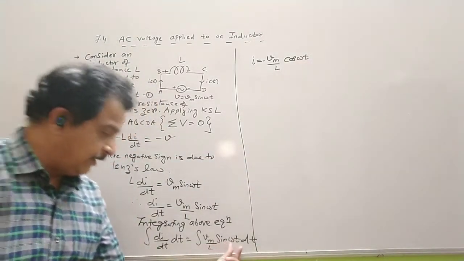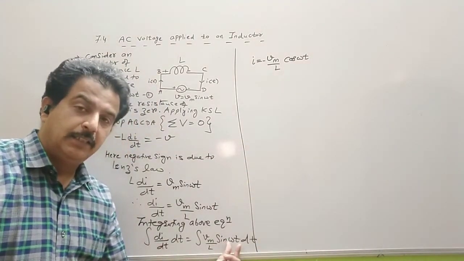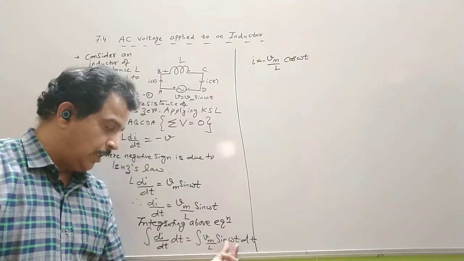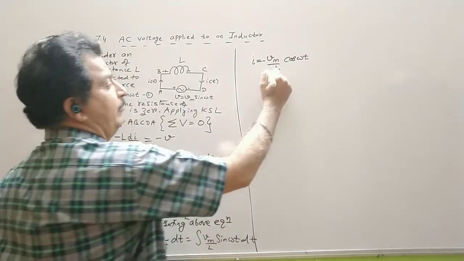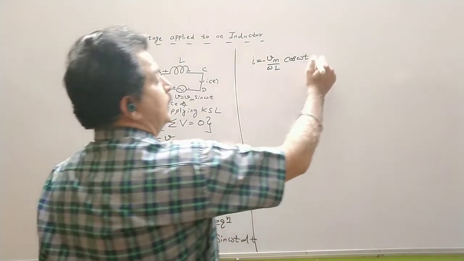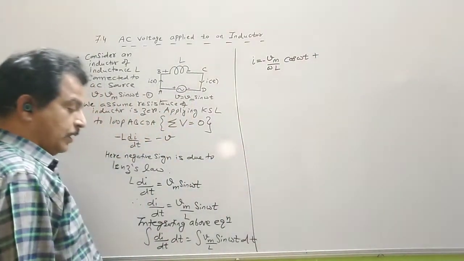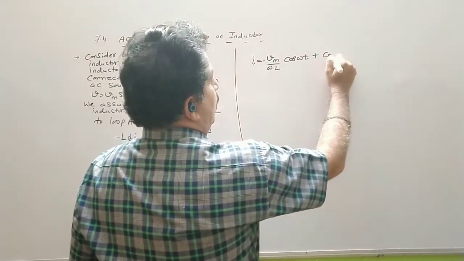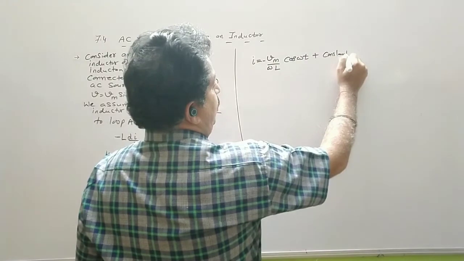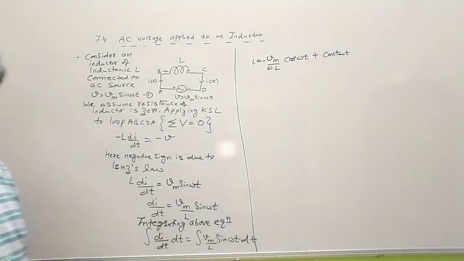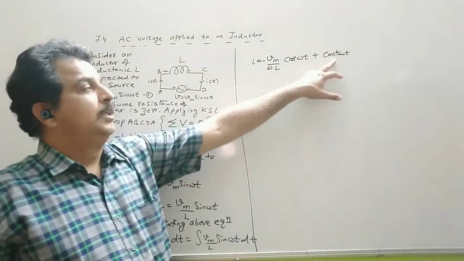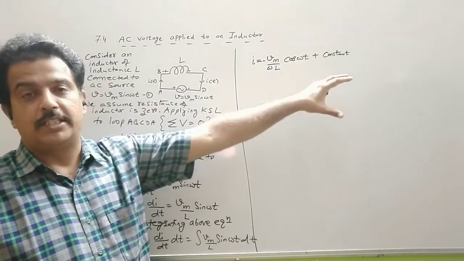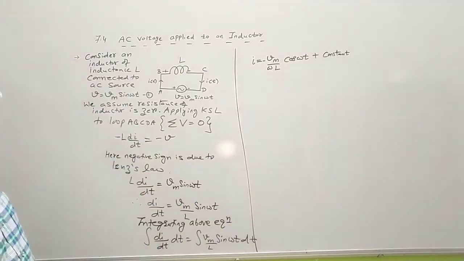Then we do the derivative of omega t, that is omega, and we divide this term by omega, plus we write a constant of integration. So here we write the integration constant, because it is an indefinite integral.